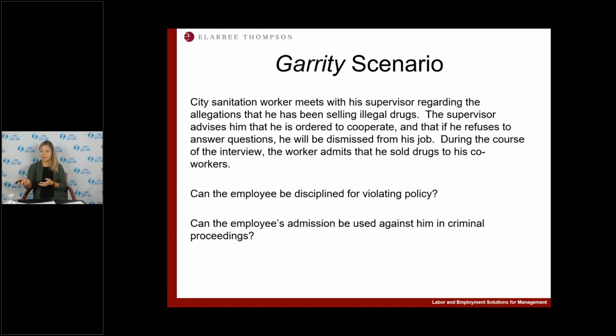The answer here is that yes, the employee can be disciplined. There's nothing wrong with that. He violated policy, that's fine. But the statements cannot be used in a criminal proceeding. That's because the employer, the supervisor, told the employee that he had to cooperate and that he would be terminated if he didn't. So that is compelling the testimony.